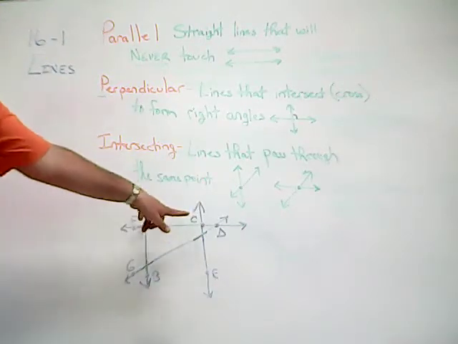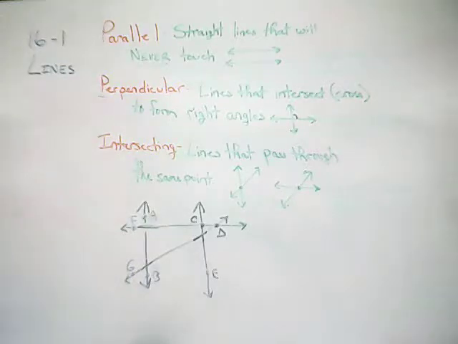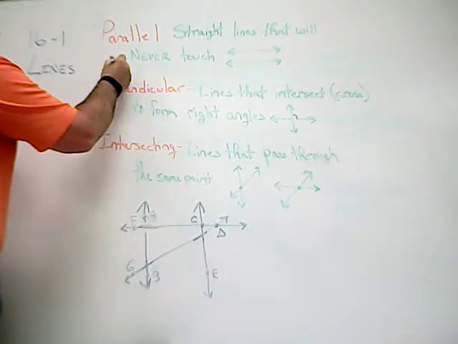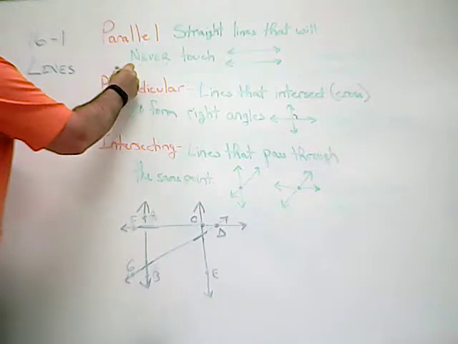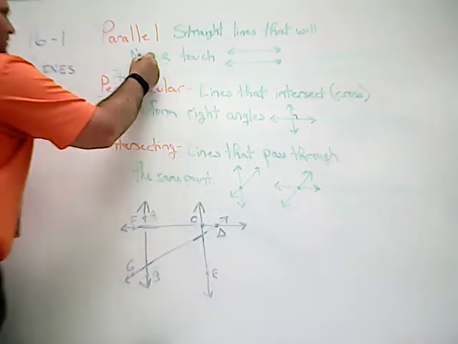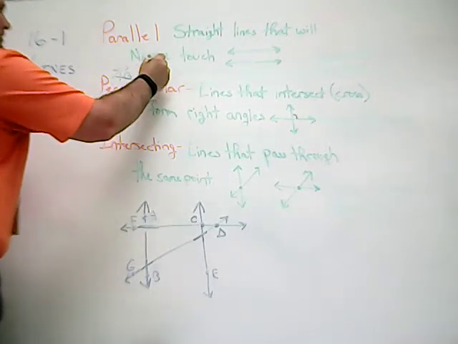They will never touch. No matter how far I extend these lines forever and ever, they will never touch. So a set of parallel lines, an example here, would be line AB and line CE. So the line sign goes above it, and I write CE.